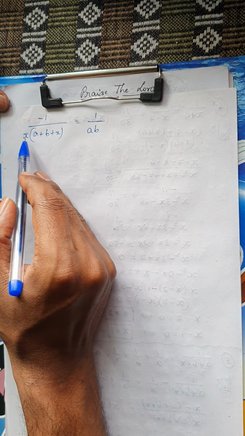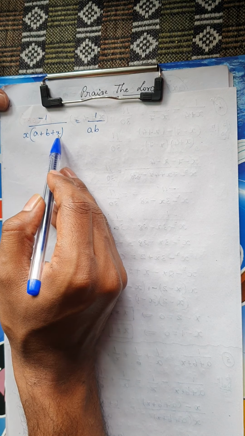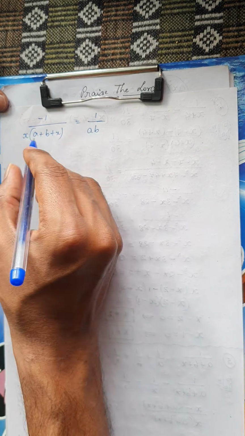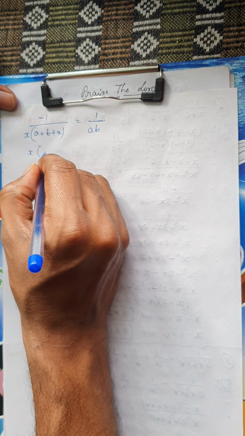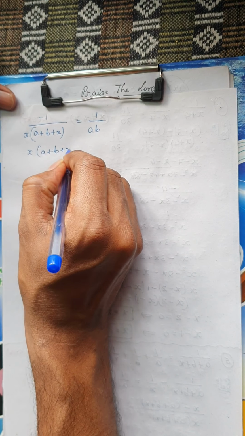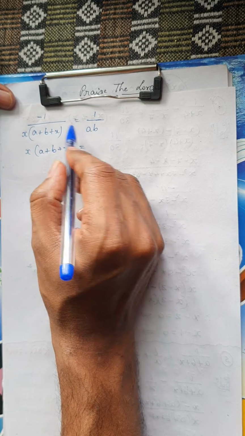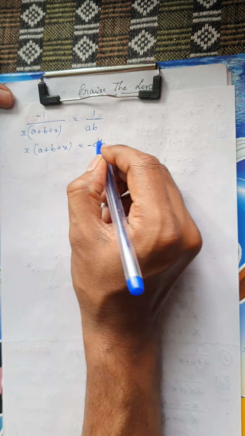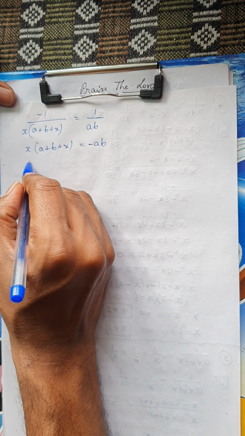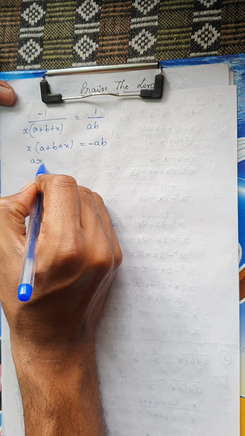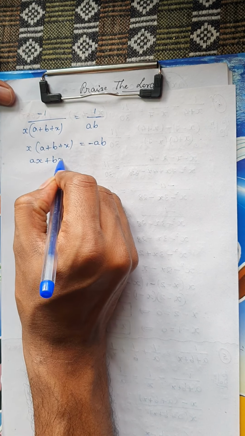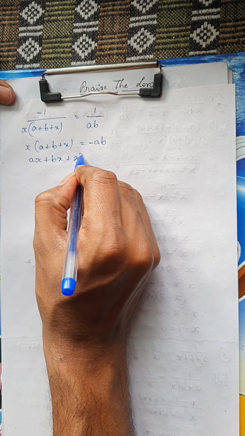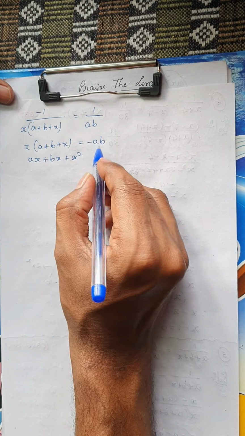Let's cross multiply. So x into a plus b plus x into 1 will be the term itself. So it is x into a plus b plus x, which is nothing but minus 1 into ab, that is minus ab. Let's simplify this. So this will be a into x plus b into x plus x square, since x into x is x square.